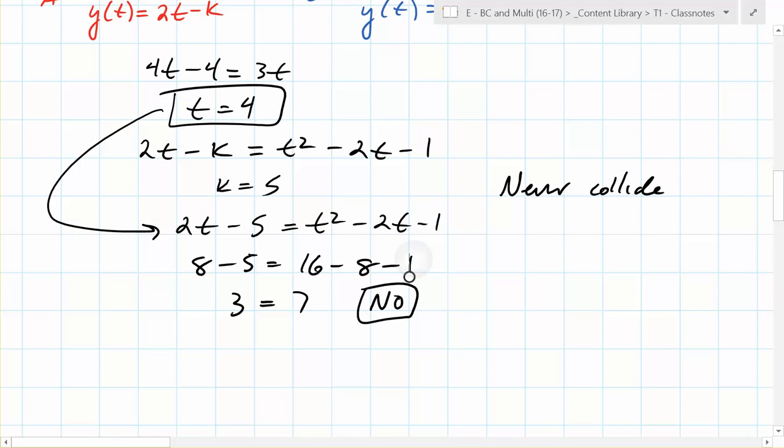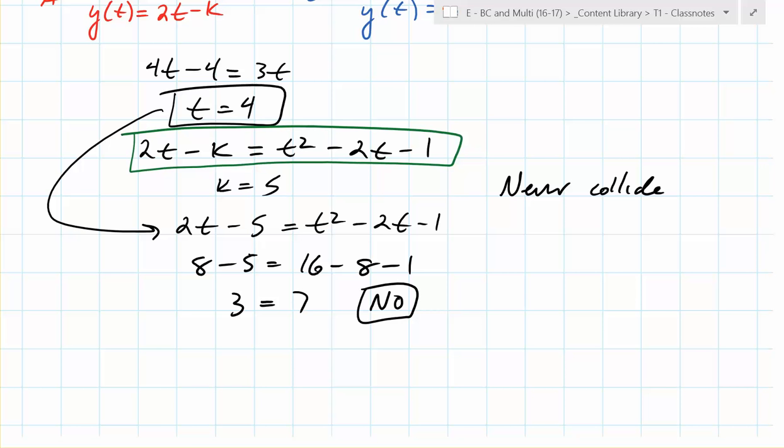They do collide. What statement am I looking at right now? I'm looking at this one right here, correct? So what are you trying to do? Everybody, let's pay attention here for a second. We have these two things set equal. We know the only time they potentially could intersect is when t is equal to 4.